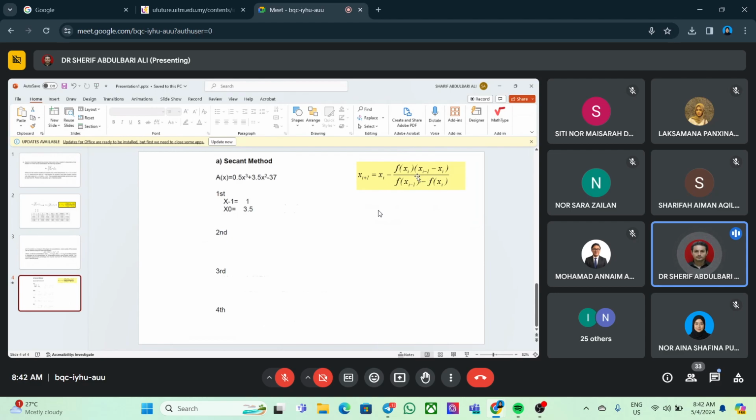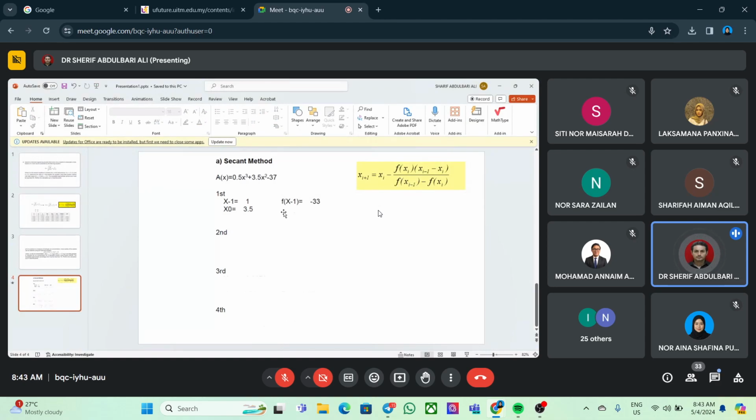Same as what we have done before. First, when x i minus 1 is equal to 1, I will put the value of 1 inside the function to get the answer. So 0.5 times 1 cubed plus 3.5 times 1 squared minus 37. I will get the answer for the function of x backward, which is negative 33.